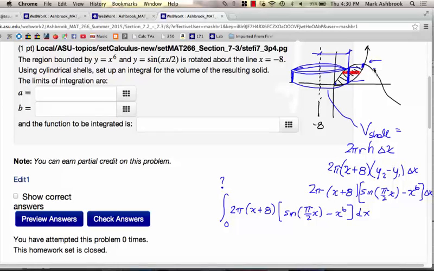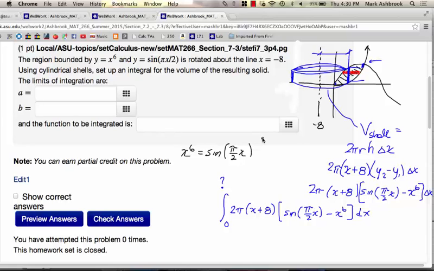How are we going to get that x value? Use your graphing calculator?